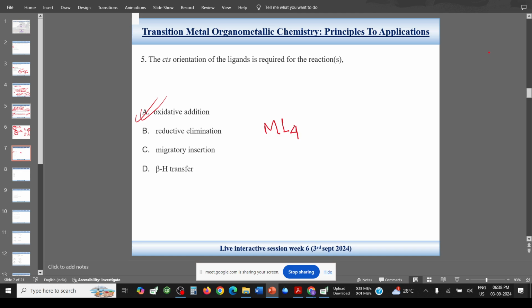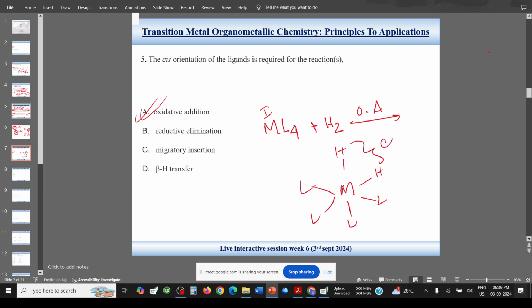If we add hydrogen, let's say H2, this addition makes the metal M plus 1, for oxidative addition it will have M, H, H, L, L, L, L. So these two hydrogens are always added in a cis position. So again, this oxidative addition is one of the correct answers for this question.